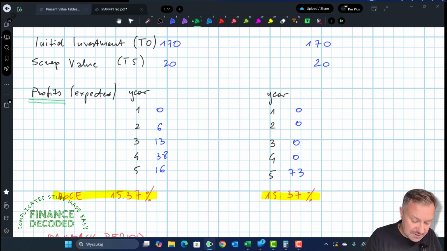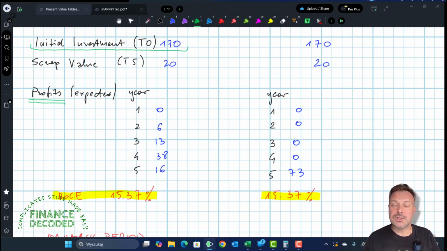The initial investment, the repayment of which you want to measure with the payback period, is a cash flow. This 170 is actual cash or cash equivalent that needs to be expended when the project is started. And the numbers that relate to profits include some non-cash amounts. In particular, they include depreciation.